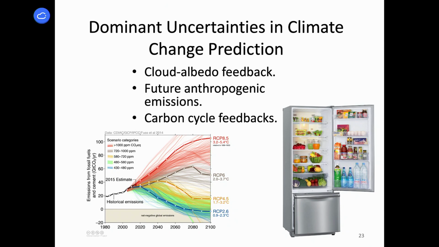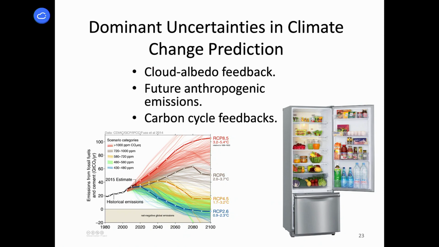This is the AR5's set of concentration scenarios and the emissions per annum that they imply, in different models and in different ensembles, and you can see how uncertain that is. My guess is that if we fail, we'll do something like that, and if we succeed, we'll do something like that. So I think blue is likely to be success, and failure is likely to be something like brown at this point, but I'm not sure about that at all.